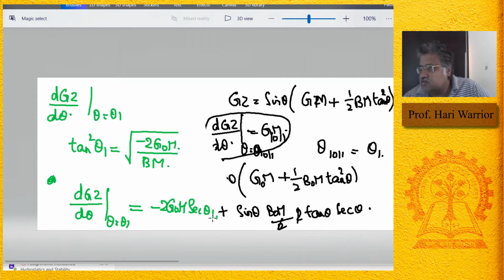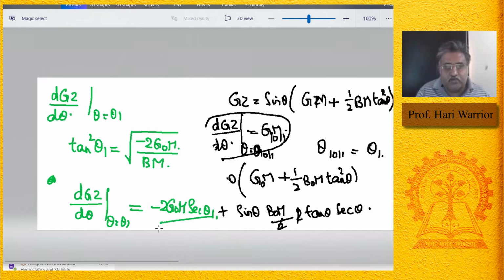That is the only thing. Once tan theta is known, you have to find the sine theta. It can be done, but you have to struggle a bit. So just know that I'll leave it to you.